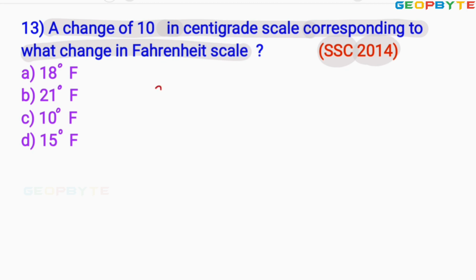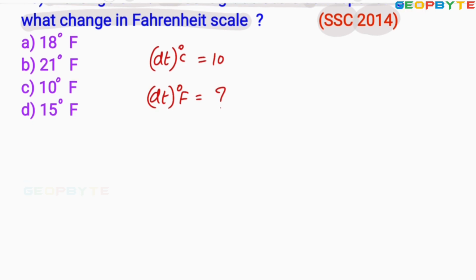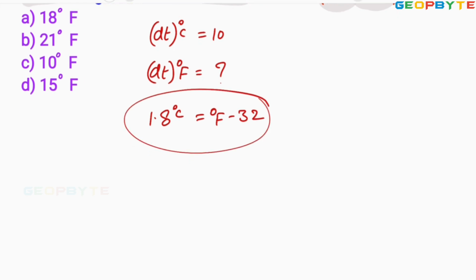If the temperature change in Celsius scale is 10, what is the temperature change with Fahrenheit scale? That is the problem. For that, 1.8 degree centigrade equal to degree Fahrenheit minus 32. This is the relation between the degree centigrade and degree Fahrenheit.